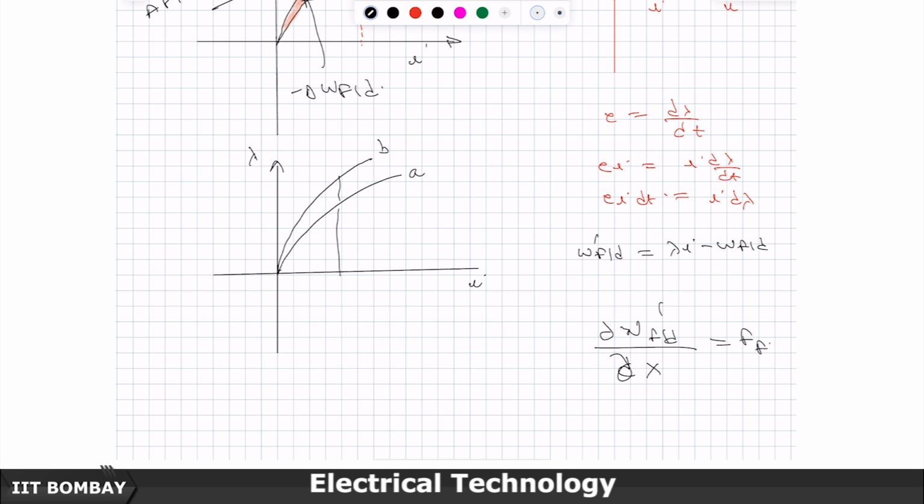What is kept constant here? It is I which is kept constant. So, to keep I constant I should look at this vertical line. Here is the I which is going to be kept constant, and there is this small movement of dx.